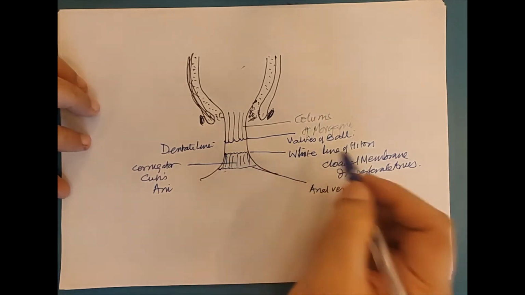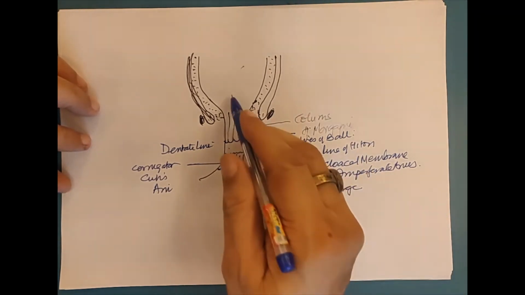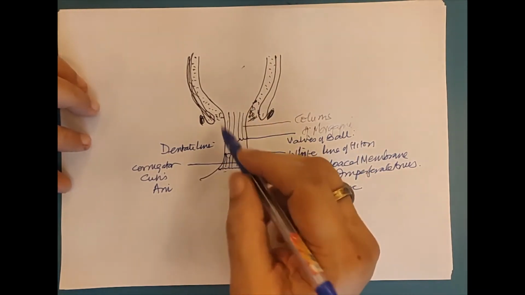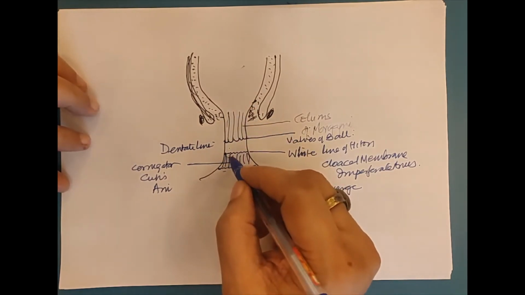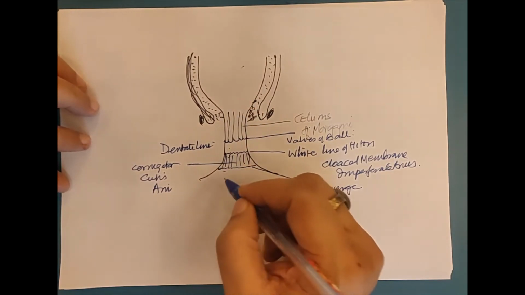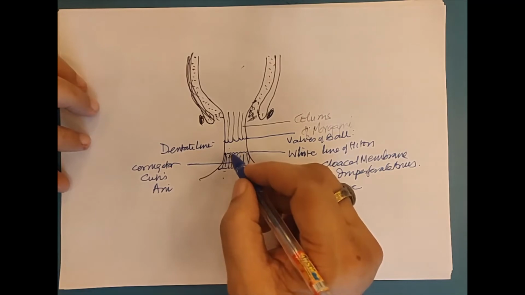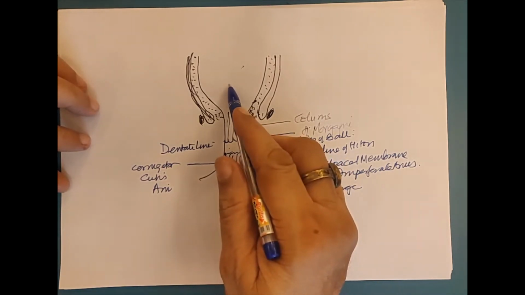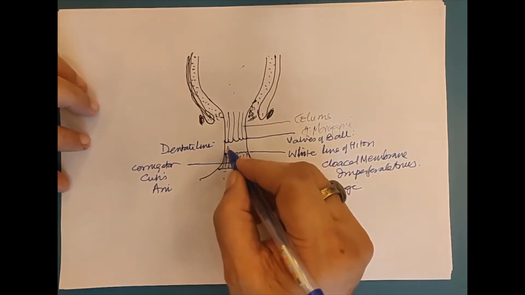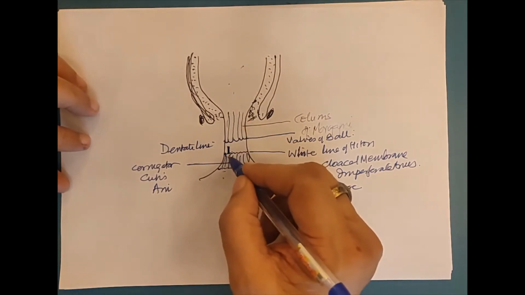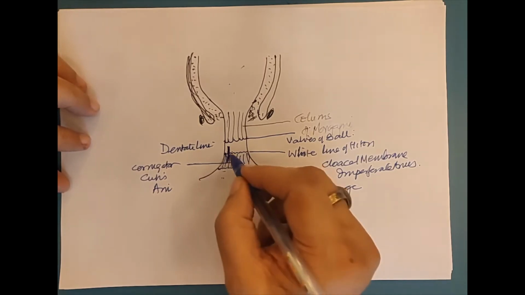So this white line of Hilton is the junction between the portal system which drains into the liver and the caval system which drains into the right atrium. So what happens when the portal system is blocked? Then the blood flows back through the portal system into the caval system, and you have piles here.